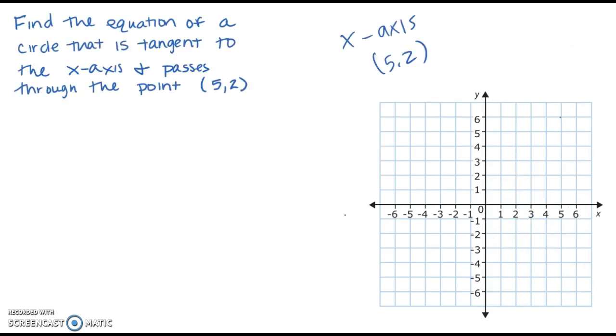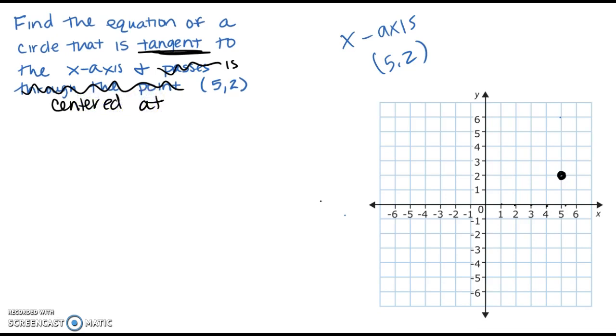Now let's look at the last one. Find the equation of the circle that is tangent to the x-axis and is centered at the point (5, 2). My apologies.